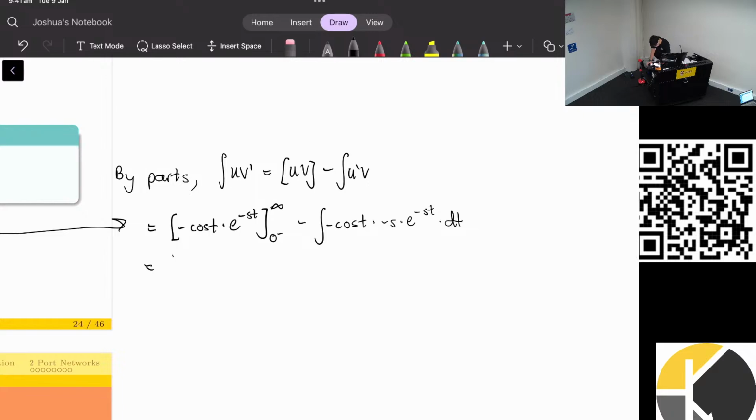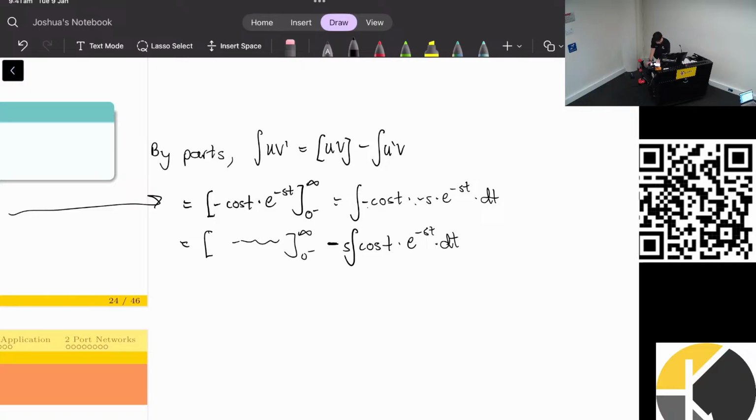So that is this whole thing minus, so we have 1, 2, 3 minuses, so that'll still be a minus. This is cos of t. I'll bring the s to the front since we're integrating with respect to time, so let's just treat it as a coefficient in this case. e to the minus st dt.